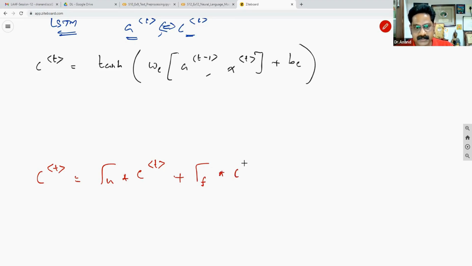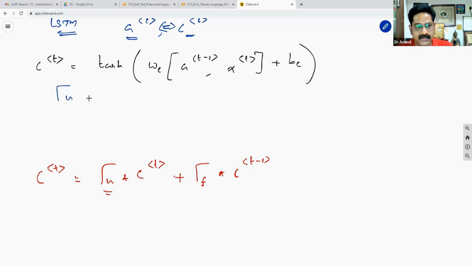times C of t minus 1. You are already familiar with how to write this. So first let me write this, tau of u. Remember, all the gates are going to use the sigmoid function, because the nature of the sigmoid is that it gives a higher weightage if the value is closer to 1, otherwise it is going to suppress.